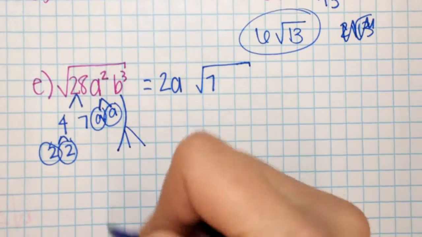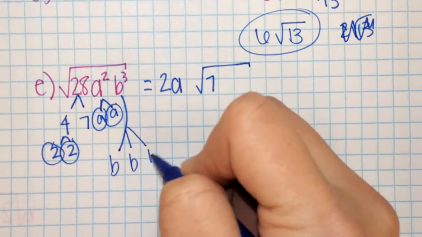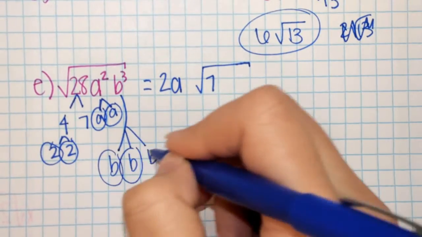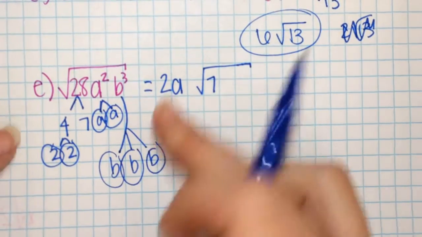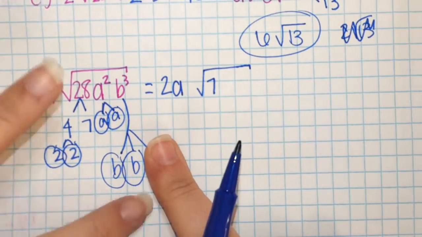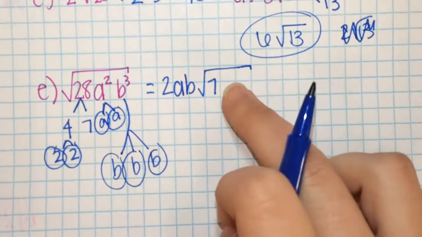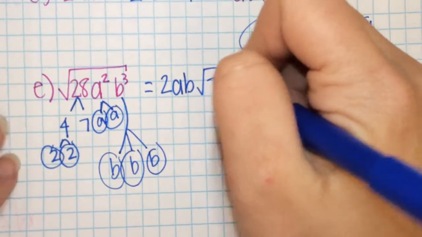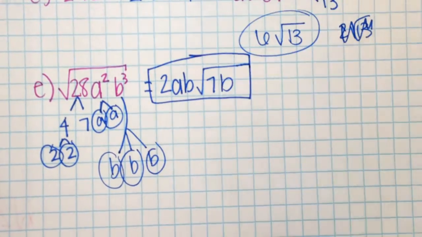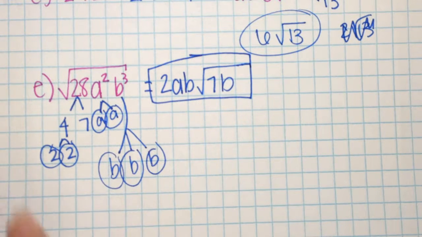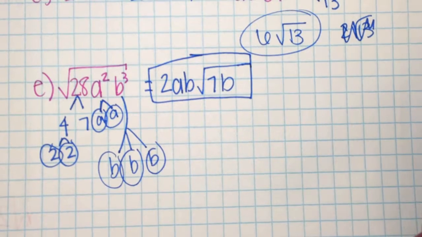How many B's do we have? 1, 2, 3. And how many do we need since it's a square root? 2. So I didn't mean to circle that one. Pretend it's not circled. So we have 2 B's. That means 1 is going to go outside. And how many stay inside? 1. Is it super scary? No, it's not.